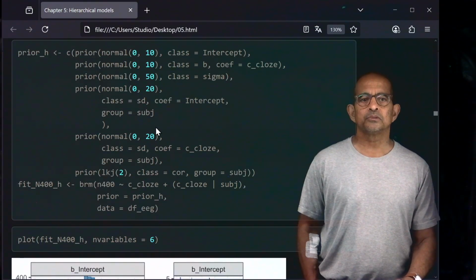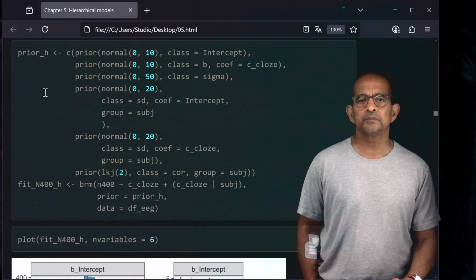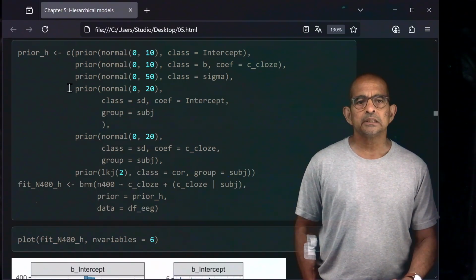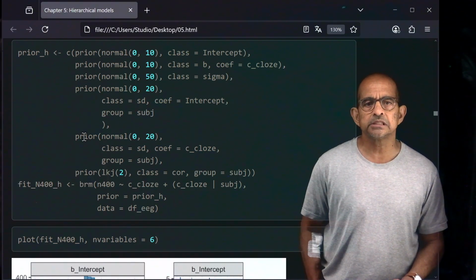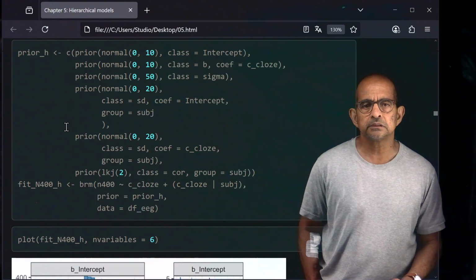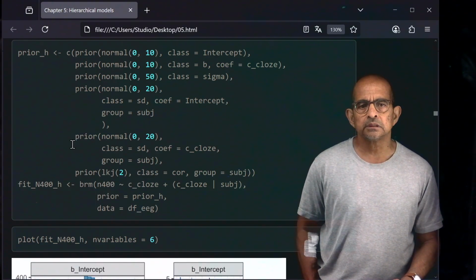All right, so here's the definition of the prior specification. Now the only interesting thing here that should be new for you is the LKJ prior on the correlation matrix. So let me see if I can find it here.